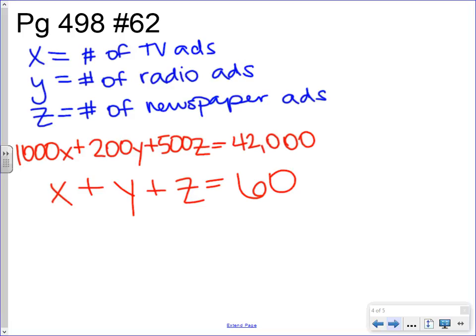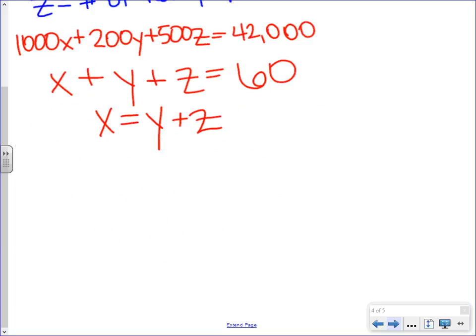And they want as many television ads as radio and newspaper combined. What do you say? X equals Y plus Z. Do you agree with that? TV is the same as radio and newspaper combined. So what I would probably do is rewrite that third equation.